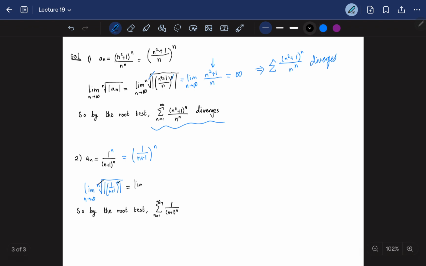And we're going to have the limit of 1 over n plus 1 as n goes to infinity. And if you plug in infinity, you're going to get a 0, which is less than 1. So by the root test, this series converges absolutely.